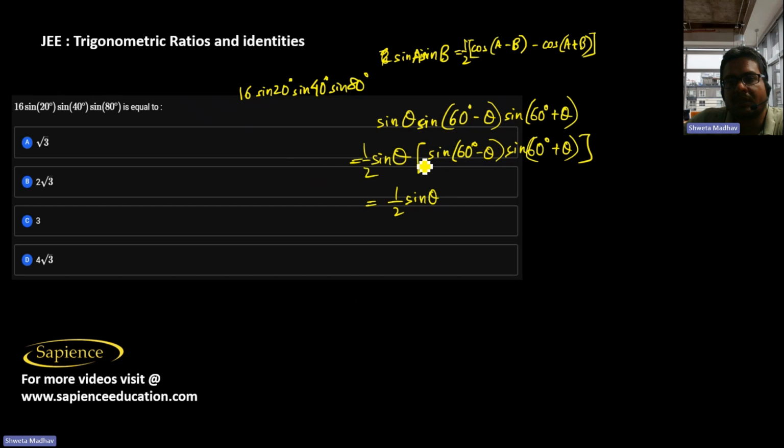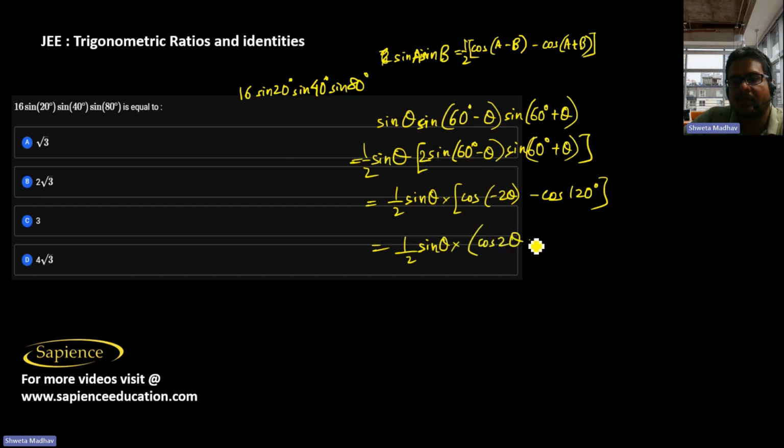Here I can take half, here I can write 2. So into this will be cos of this minus this, so cos of minus 2 theta minus cos of A plus B, so it is cos 120 degree. Now cos of minus theta is the same as cos theta only. So it is half of sine theta into cos 2 theta minus cos 120.